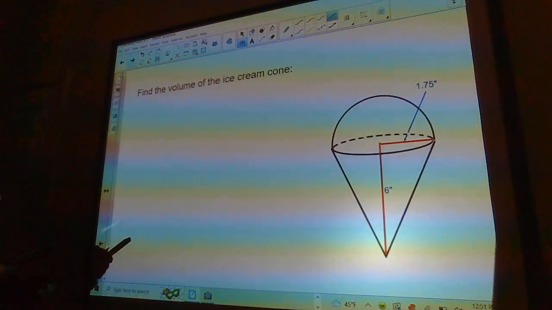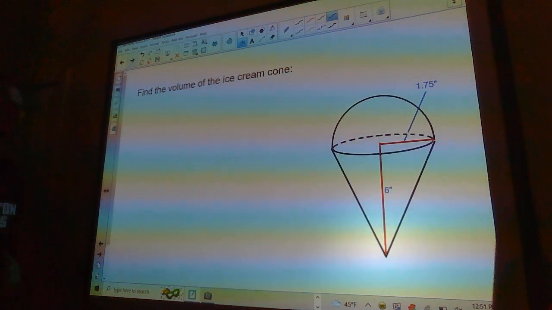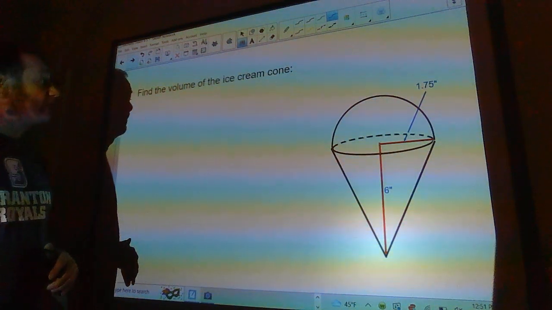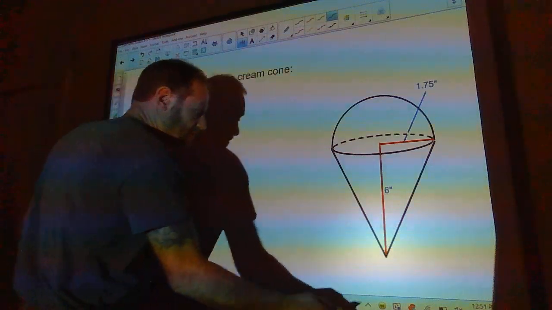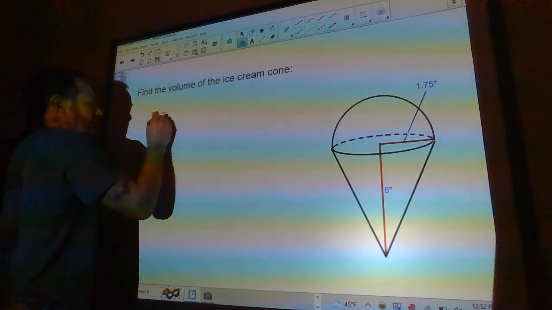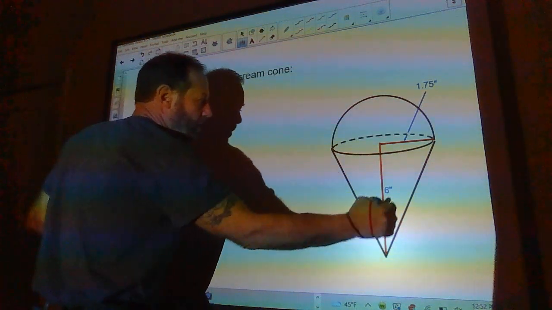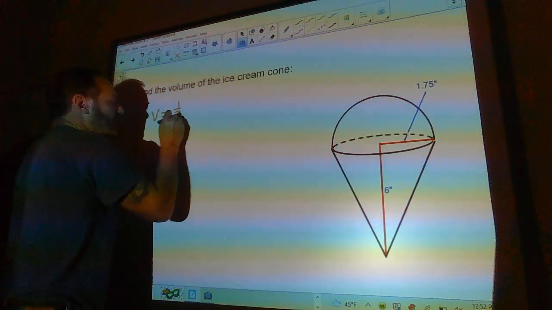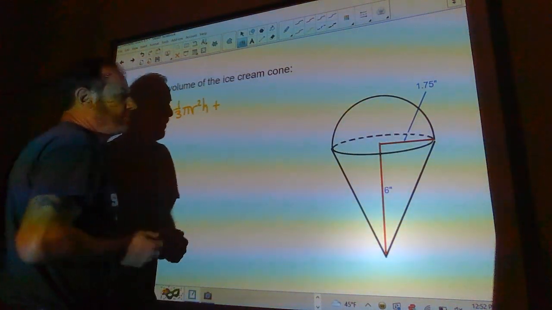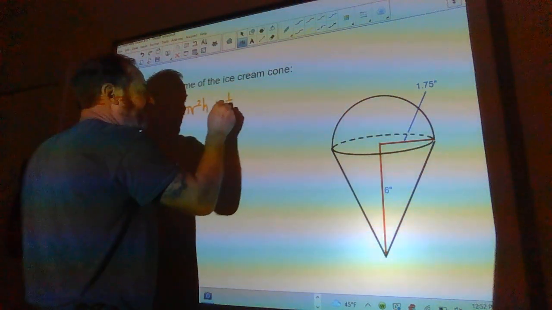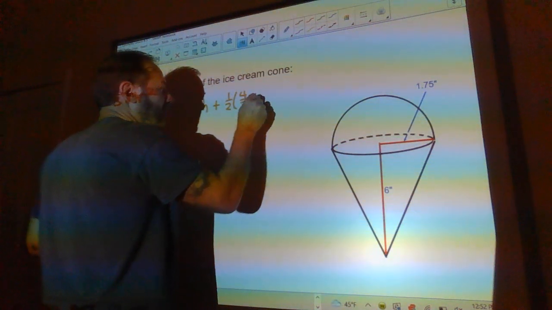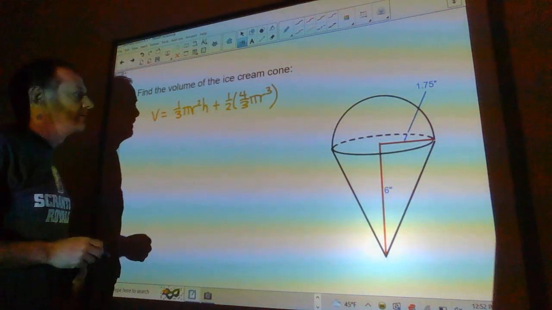Okay, what about this one? Okay, so we've got an ice cream cone type shape. We want to know the volume of that ice cream cone. Okay, so we've got the volume of a cone, which is 1/3 pi r squared times the height, plus a hemisphere, so that's half of the volume of a sphere, which is 4/3 pi r cubed.